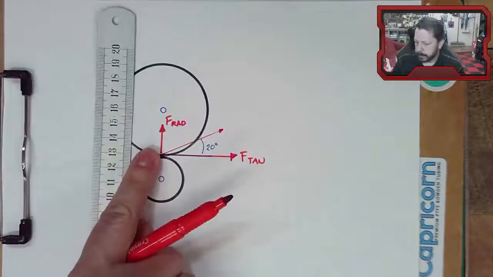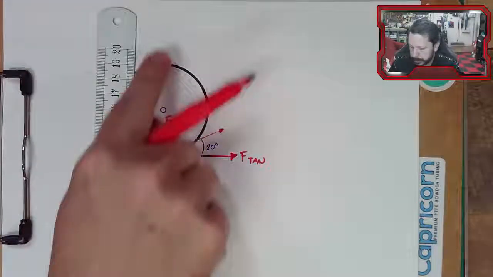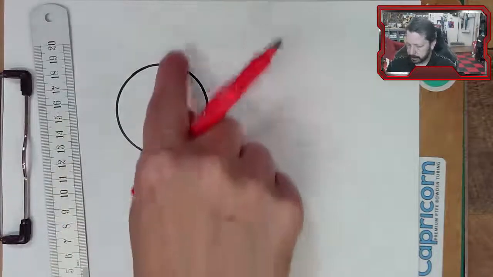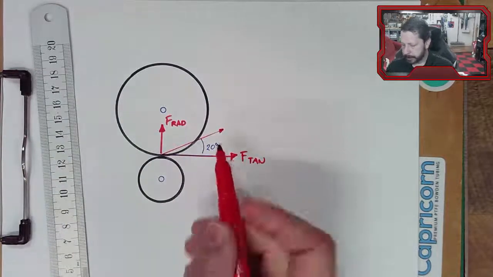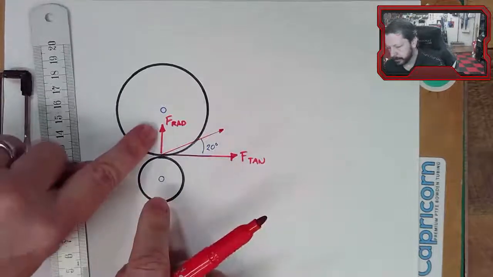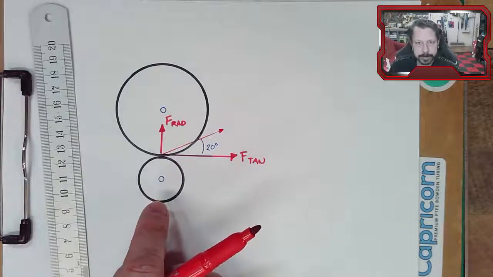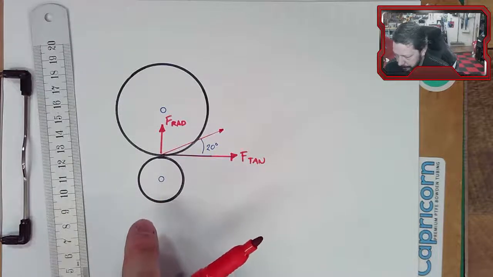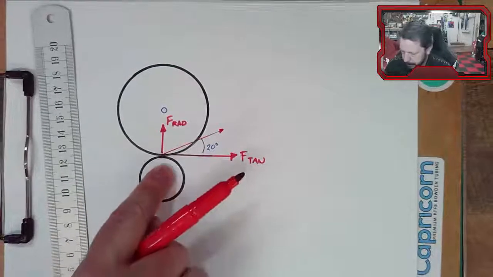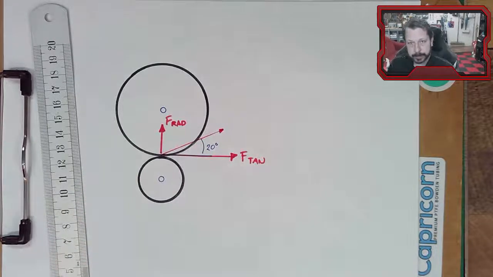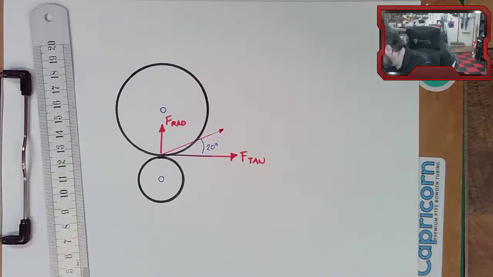And this radial component is actually pushing on the gear, trying to move this gear away from this one. So too high of a pressure angle, and this force gets larger and larger, and that's generally not what you want. But it's going to push it away, and this one will have the opposite set of forces pushing it away. And so if you get them far enough away, they don't make contact anymore.